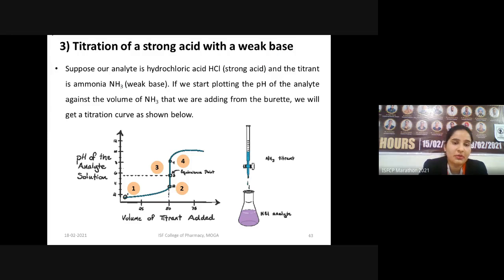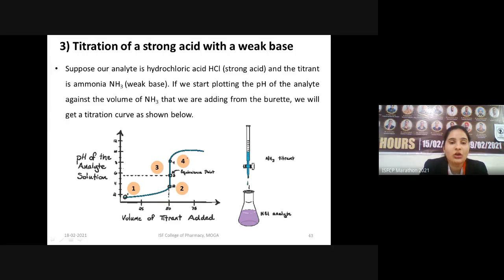Similarly, we will be performing the titration, and with the addition of the titrant, the pH of the analyte solution will be recorded. Again, it has been observed that with the addition of more and more titrant, the pH is increasing and the shape of the curve is also the same.